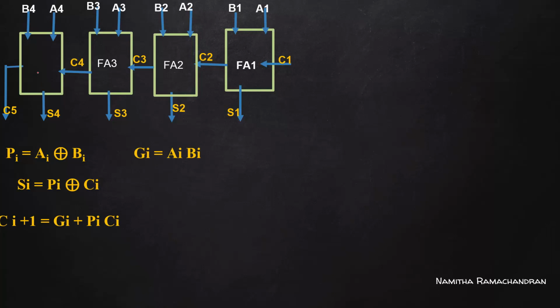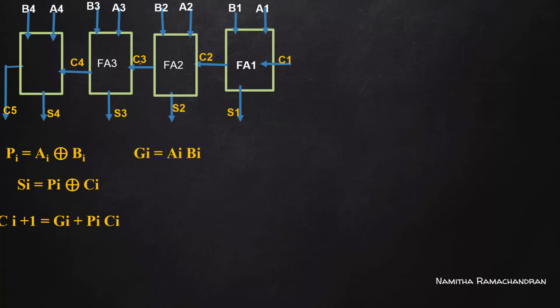This will cause the carry propagation delay. Because of that, it will take more time to generate the full result. To avoid this, we need to derive the expression for C2 in terms of C1, and C3 in terms of C1 instead of C2.